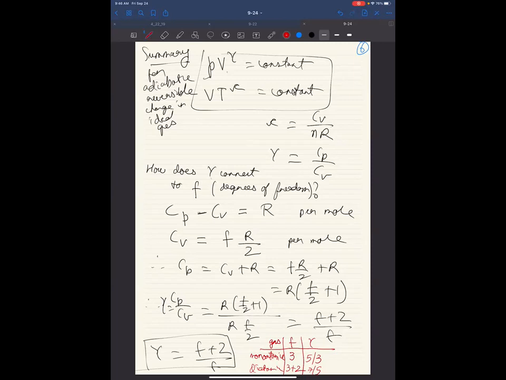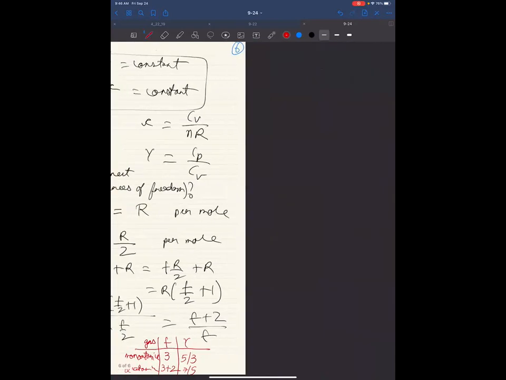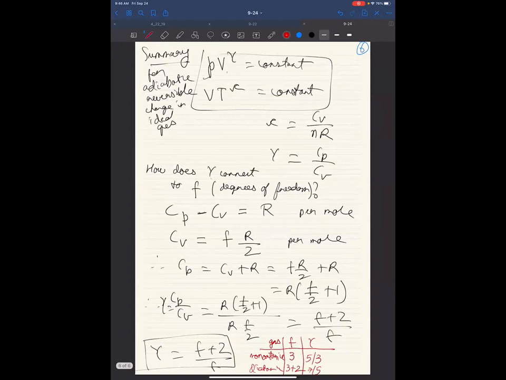If it was a monoatomic gas, for example argon, F is equal to 3 and gamma is equal to 5 by 3. So argon will follow PV to the power 5 by 3 is equal to constant. This is the equation that it will follow while undergoing adiabatic expansion.